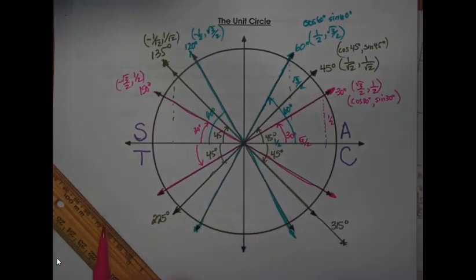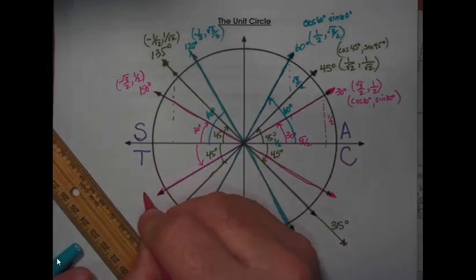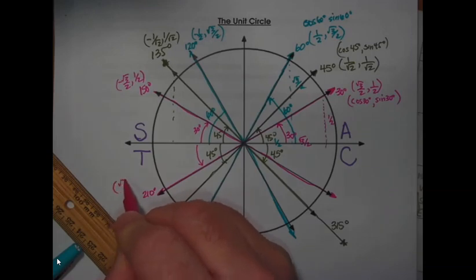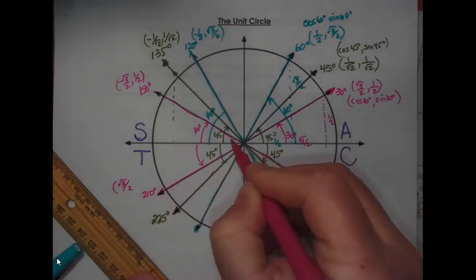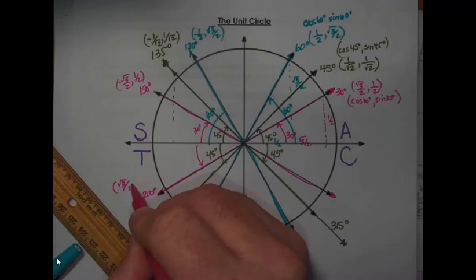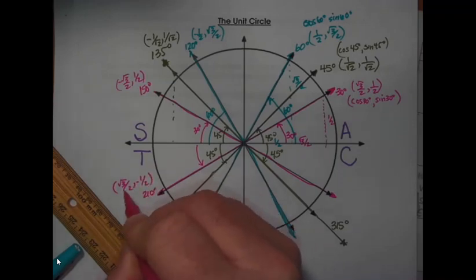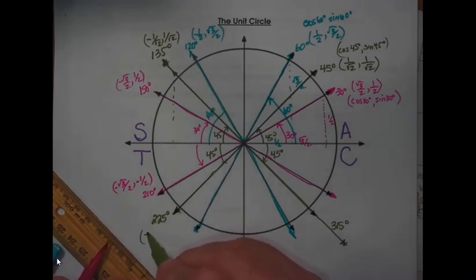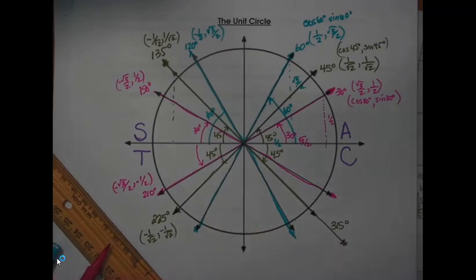If I went down here, all right, this is where both points are negative, because we're in the negative x direction and the negative y direction. So negative root 3 over 2, negative 1/2, negative 1 over root 2, negative 1 over root 2.